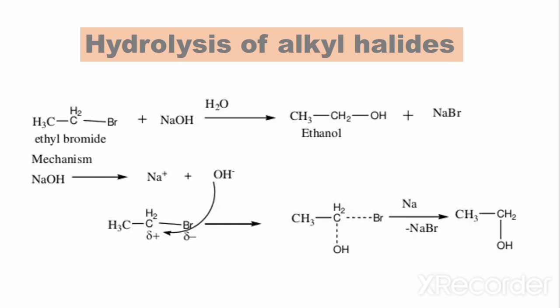And then there is a step in which the bond between the carbon and the halide group will break, and the bond between the hydroxyl group and carbon will form, and this is the intermediate. And when the final product forms, the carbon and bromine or halide bond will break, and we have our final product that forms a bond with the hydroxyl group and forms an alcohol.